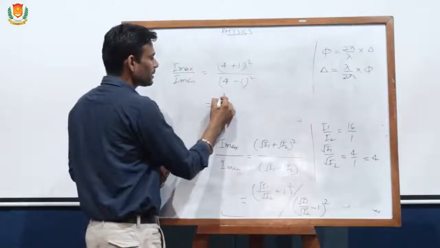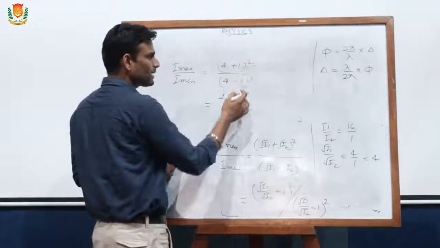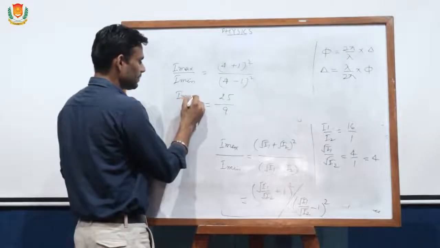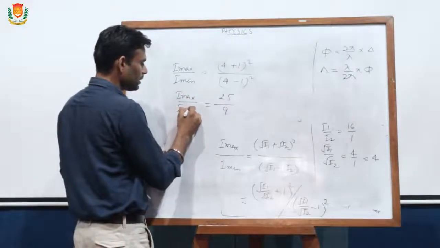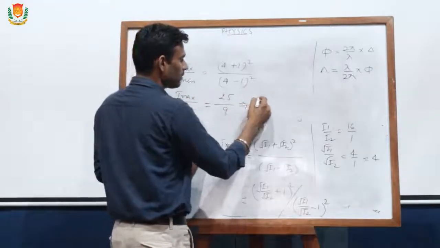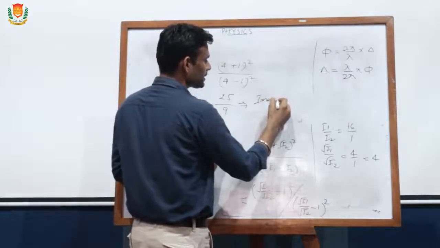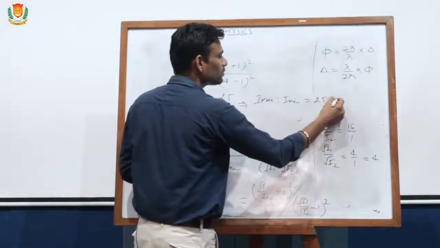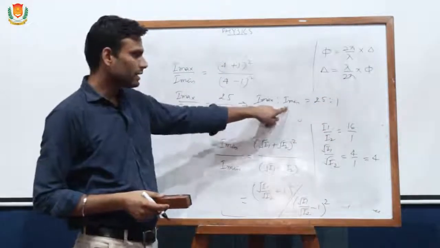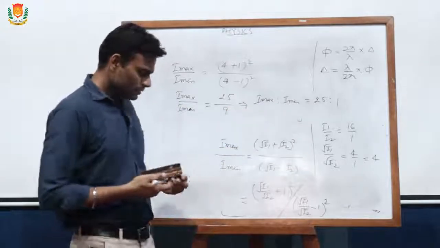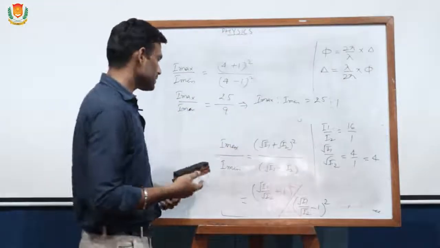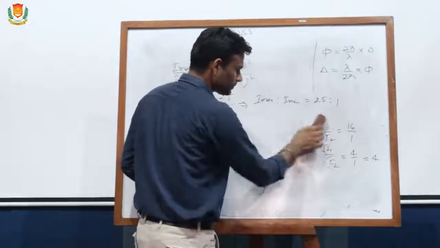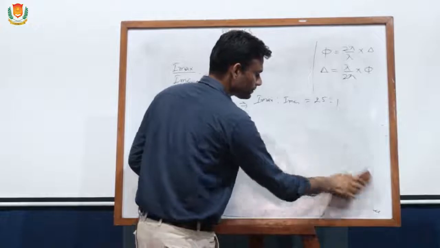So it will be 25 upon 9: 4 plus 1 is 5, square is 25, 4 minus 1 is 3, square is 9. So I maximum to I minimum is 25:9. This is the required ratio. So simple questions will be asked, and we can solve them on a direct formula basis. You can try some more problems.